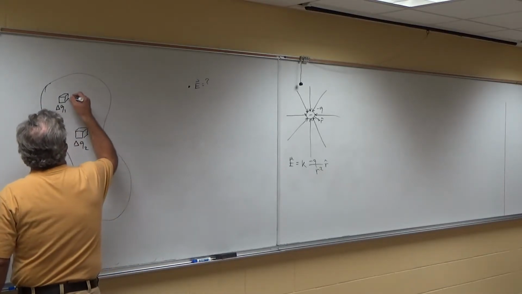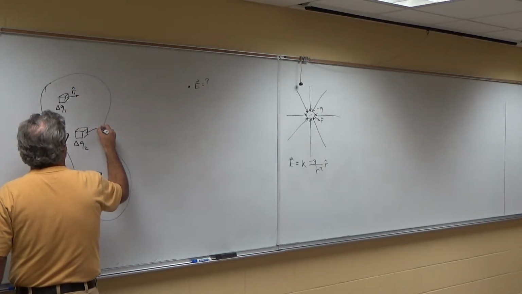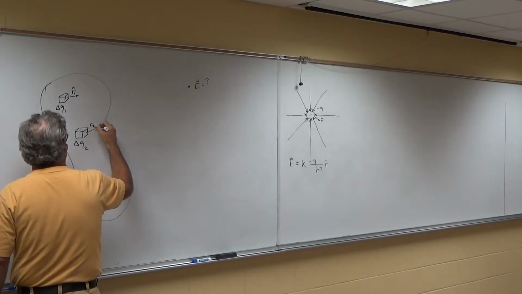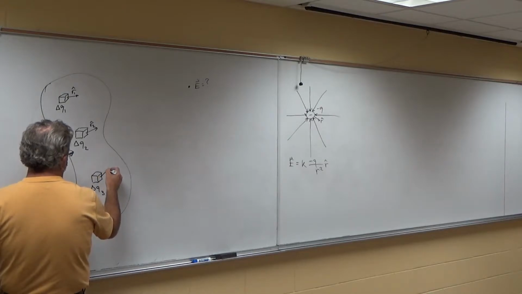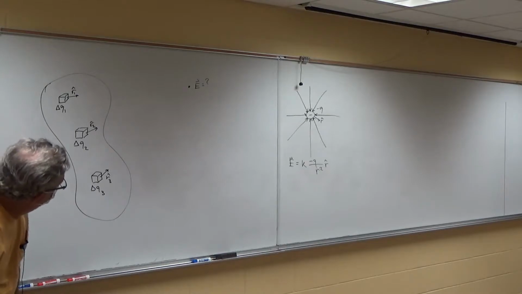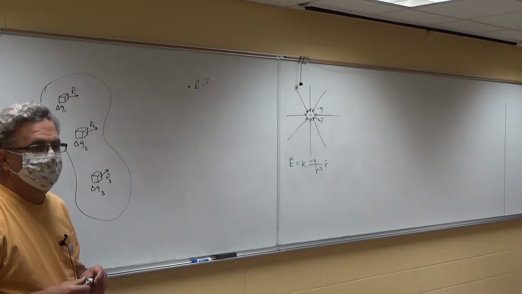For each one of these little delta Qs, I've got an R1 hat, R2 hat and R3 hat. Okay? Those are those little vectors pointing at the point of interest.